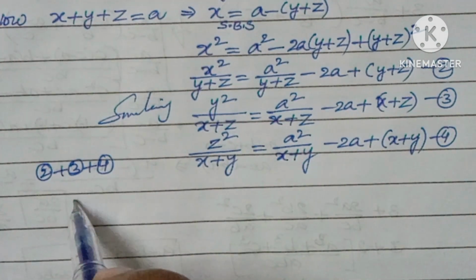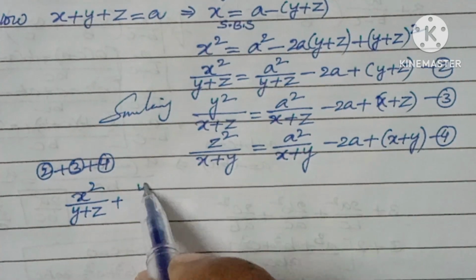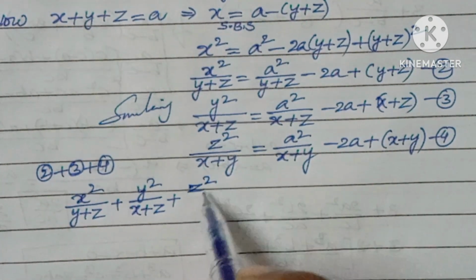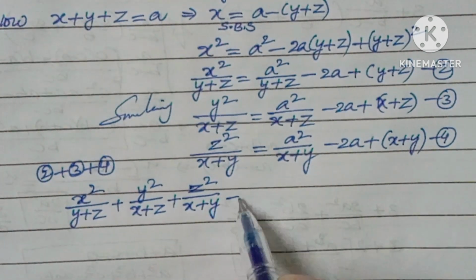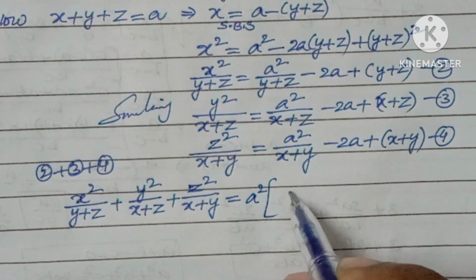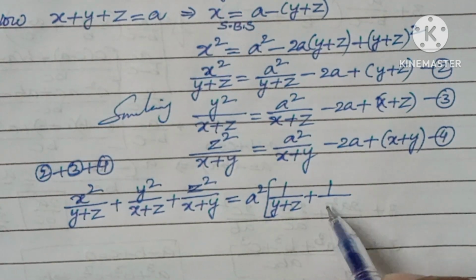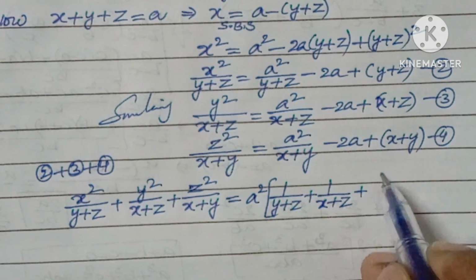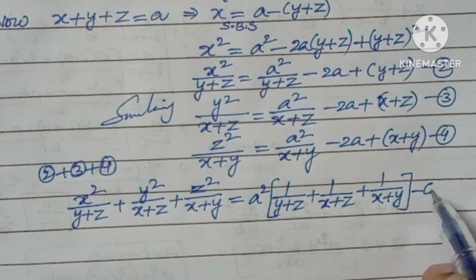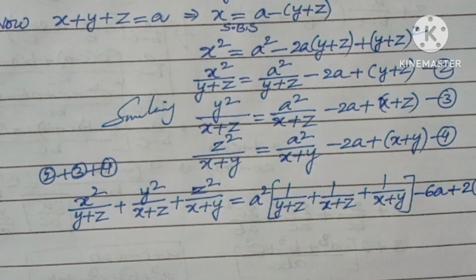You will get the problem expression: x square by y plus z, plus y square by x plus z, plus z square by x plus y is equal to, here you can take a square common in all the terms, a square times (1 by y plus z, plus 1 by x plus z, plus 1 by x plus y), minus 6a, plus 2 into x plus y plus z.